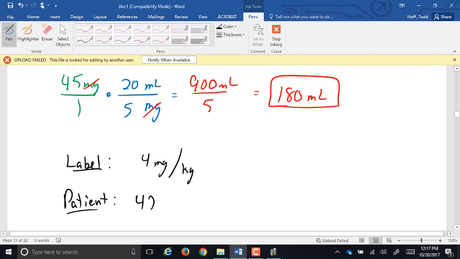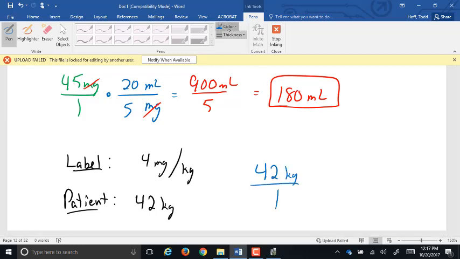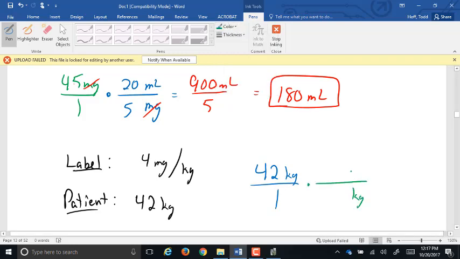You have a patient that comes in weighing 42 kilograms. 42 kilograms over 1. Kilograms on bottom, we're going to milligrams. 4 milligrams to 1 kilogram. 42 times 4 is 168 milligrams over 1. So that patient should receive 168 milligrams.